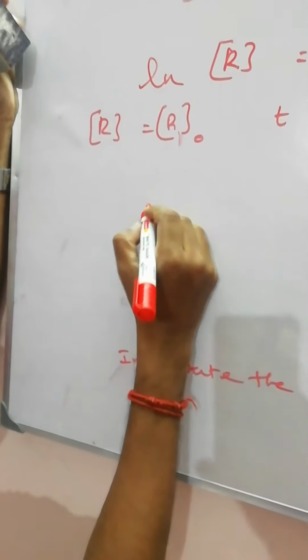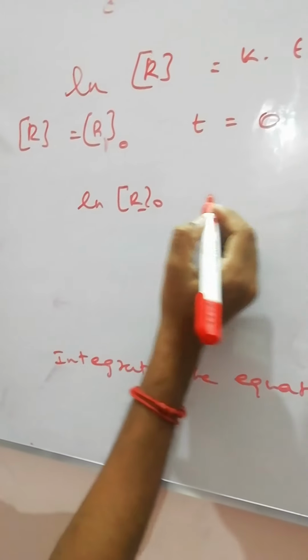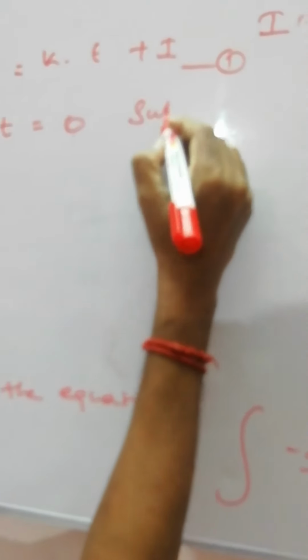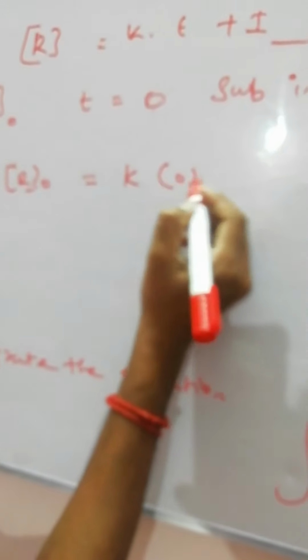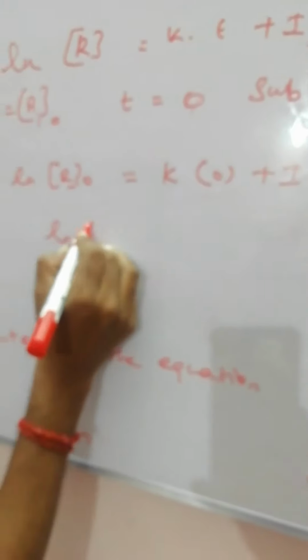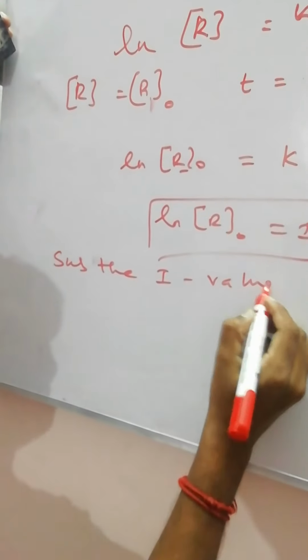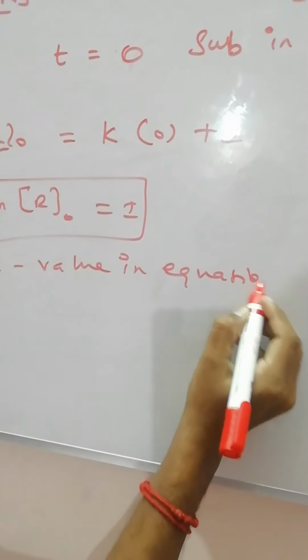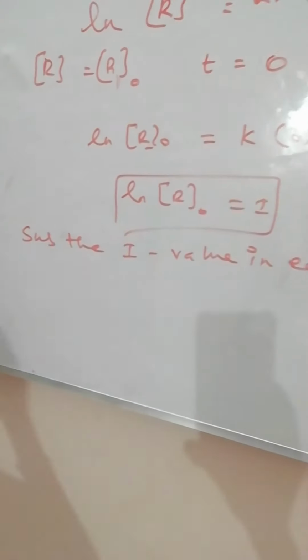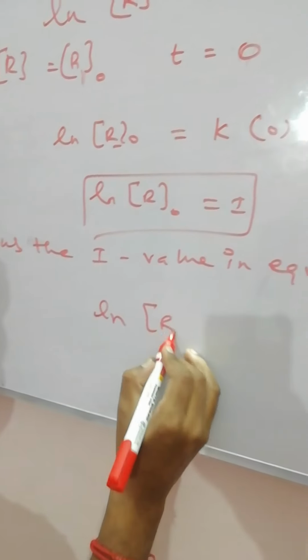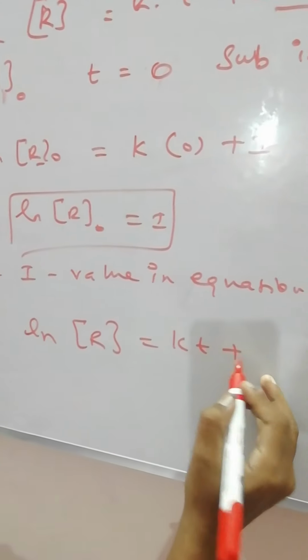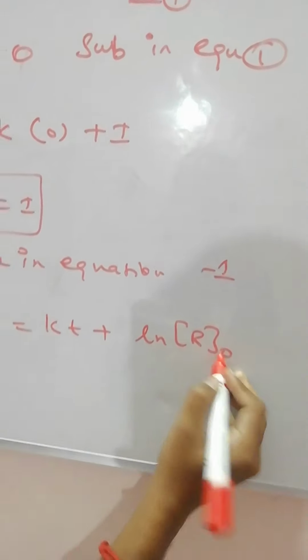So we have to substitute here in equation 1: ln R0 equals K into 0 plus I. So ln R0 is equal to I. Substitute the I value in equation 1. ln R equals KT plus ln R0.